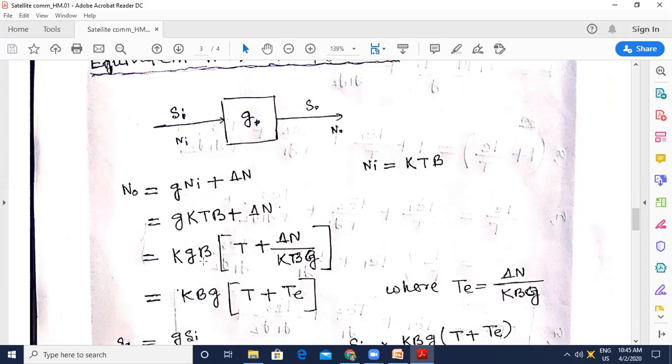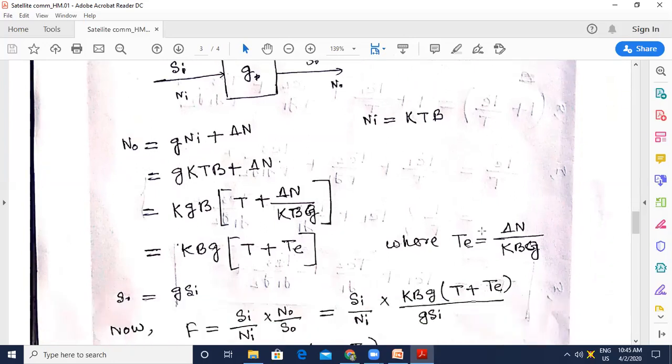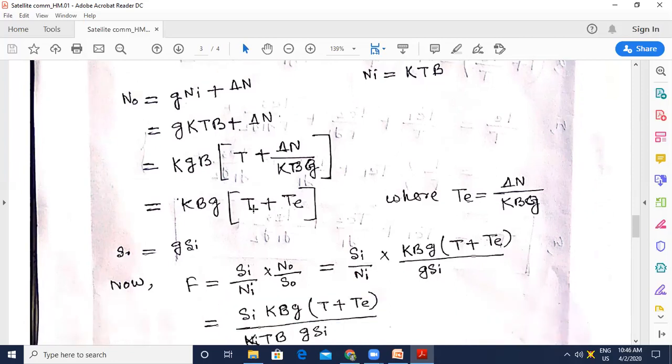If I take kGB common, I'll have T plus delta N upon kBG. So this delta N upon kBG, where k is the Boltzmann constant, B is the bandwidth, and G is the gain of the device, is basically the equivalent noise temperature of the device. So kBG into (T plus Te).